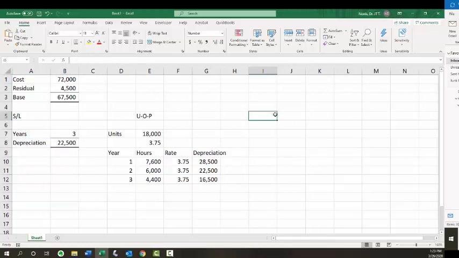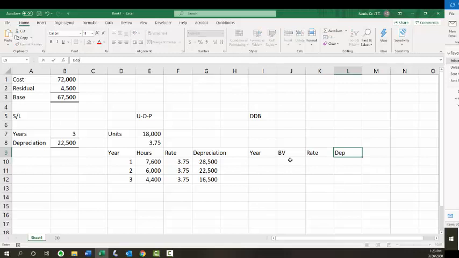For double declining balance, we're going to use year. Book value at the beginning of the year multiplied by a rate will give us our depreciation.